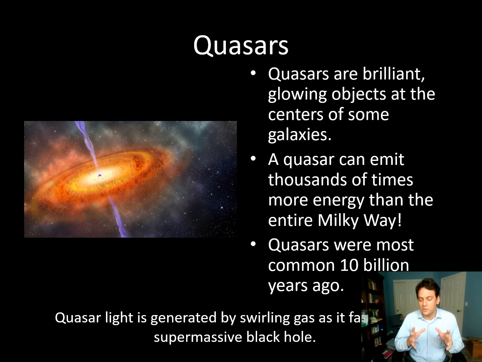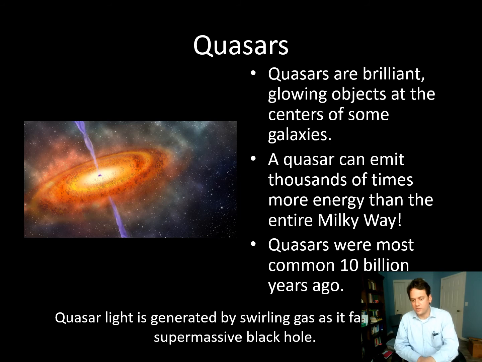The Milky Way is 100 billion stars or thereabouts, right? So we're talking about a single object in the center of a galaxy that can emit hundreds of thousands of times more energy than those hundreds of billions of stars in the Milky Way, which is just mind-boggling. And for what it's worth, they were most common about 10 billion years ago.